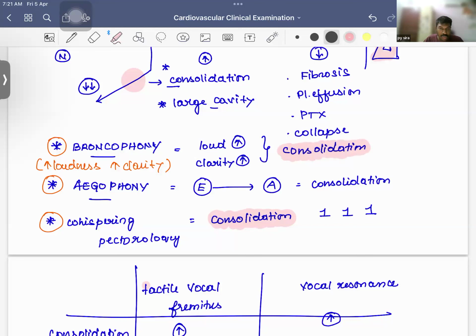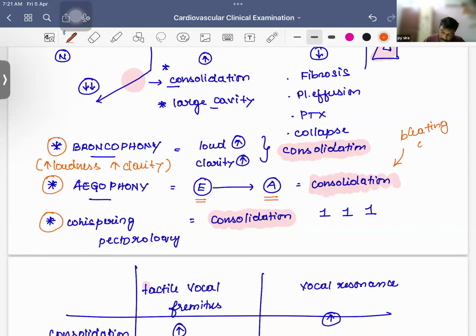Next is egophony. Egophony is where there is amplification of high frequency sounds. Whenever you tell the patient to say E, it will be heard as A. That is called egophony, and it is seen in consolidation. It looks like the bleating of a goat.